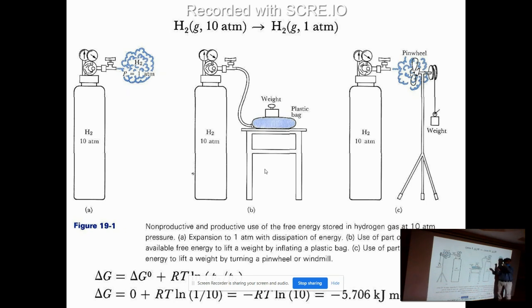Now just open it. What will happen? In the first case, I just opened to the atmosphere. But in the second case, I have connected a small tube to a small plastic cover where the gas can be collected. Now if you open it, slowly the gas will be collected in the plastic bag.